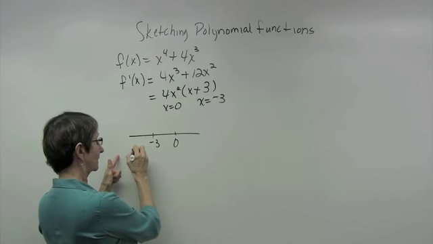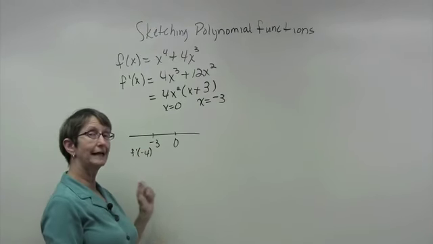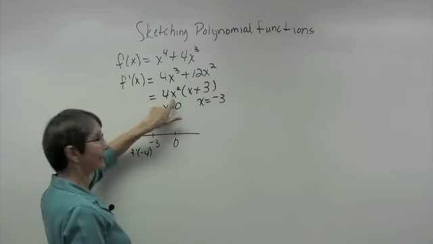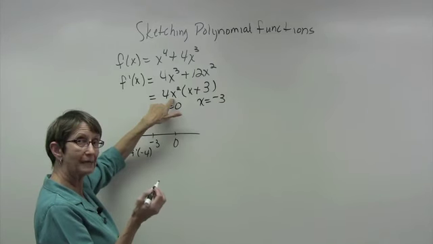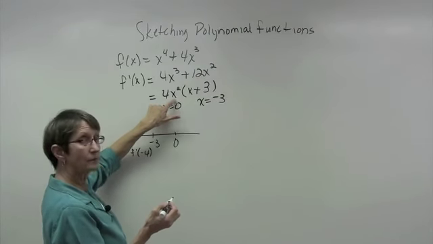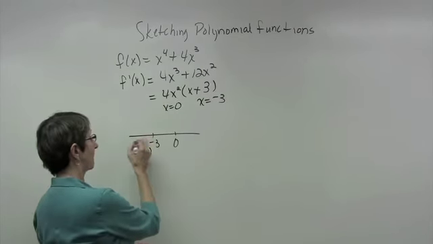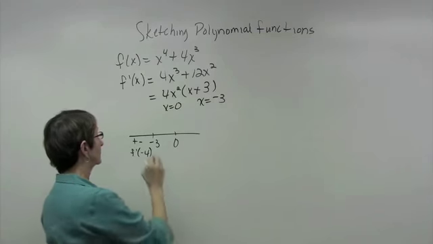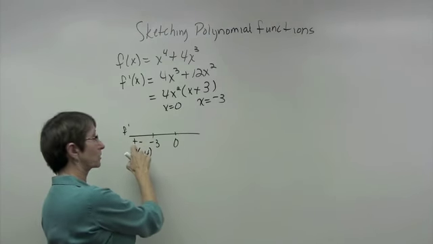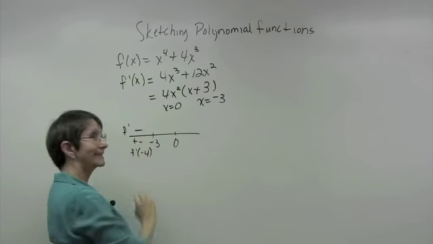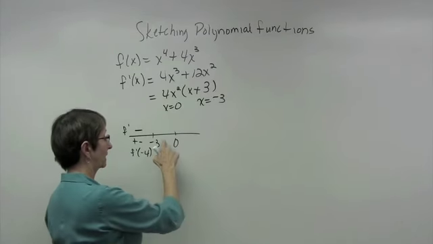Let's say down here, let's look at f prime at negative 4. I put in negative 4 squared, it becomes positive. 4 times positive gives me a positive. Negative 4 plus 3 is negative. So my first derivative here, if I multiply positive times negative, is a negative on that interval.